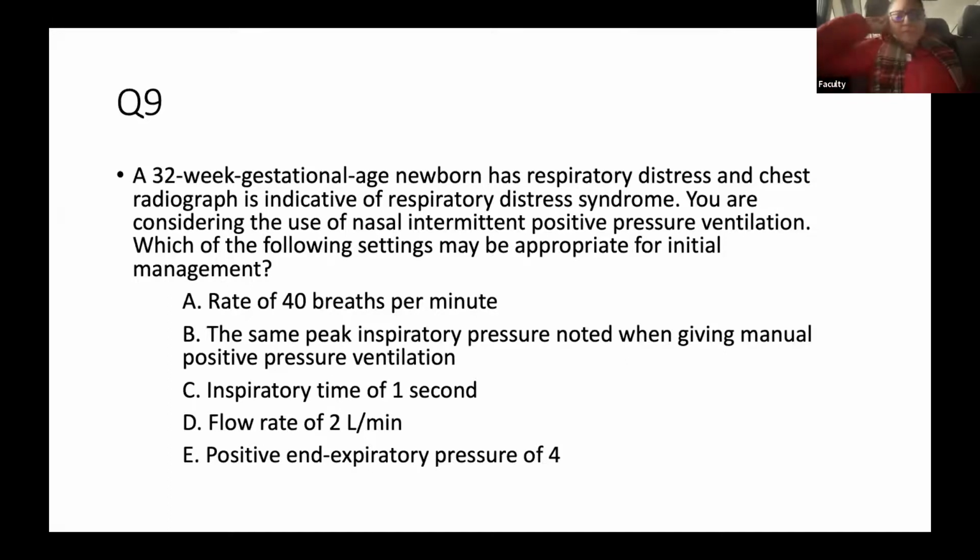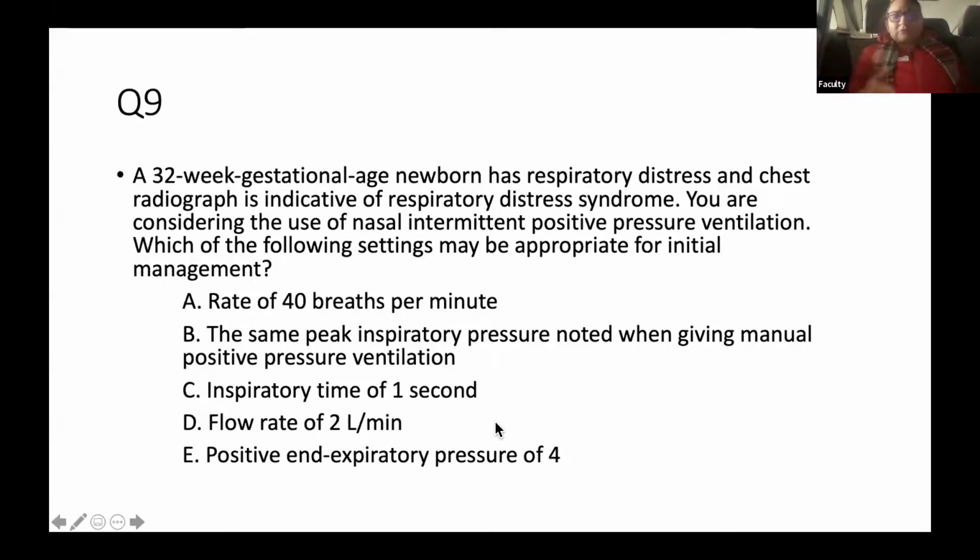So 40 breaths per minute. Yes, that's the right answer, because the others are all wrong. You will give a flow rate much higher, at least 5 or more. And PEEP, you will give more than 5.